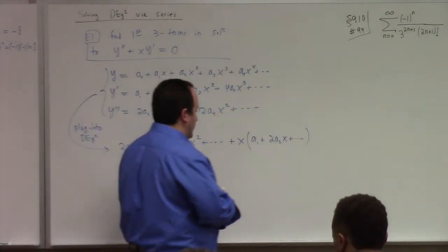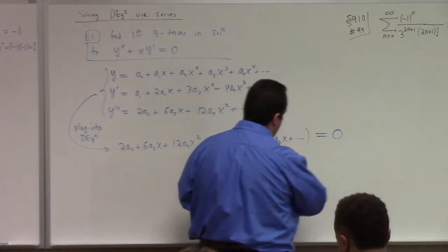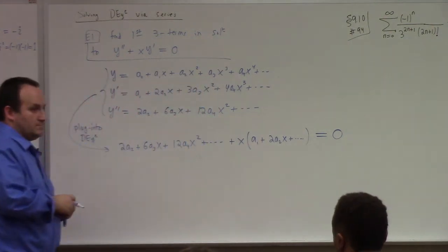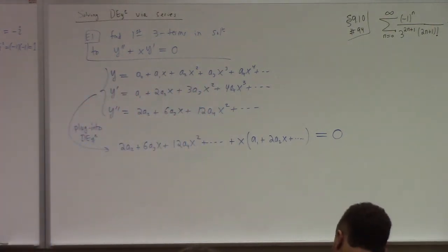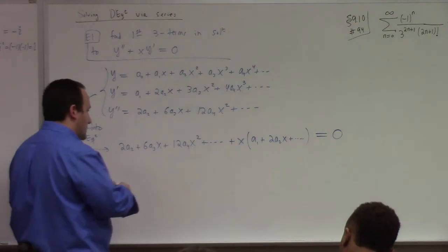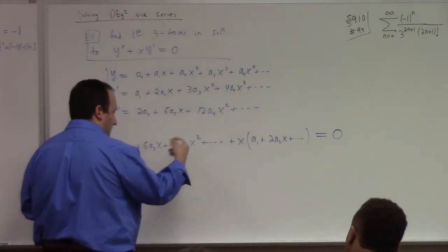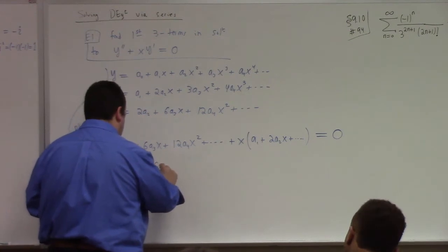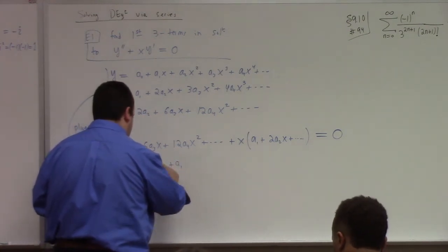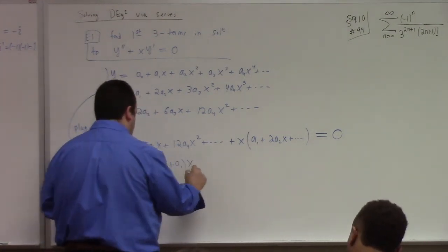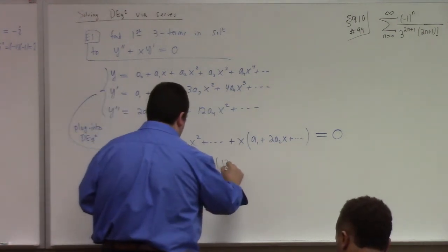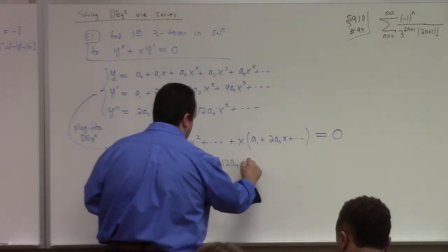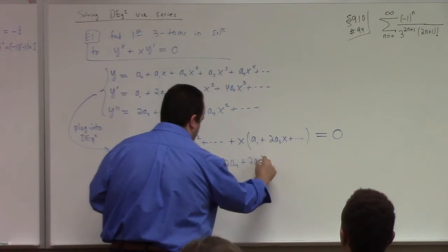And that's equal to 0. So I just have to look at that. Let's collect things together. I've got 2a2 plus 6a3 plus a1 times x plus 12a4 plus 2a2 x squared.